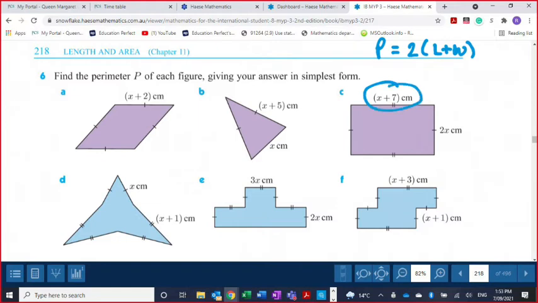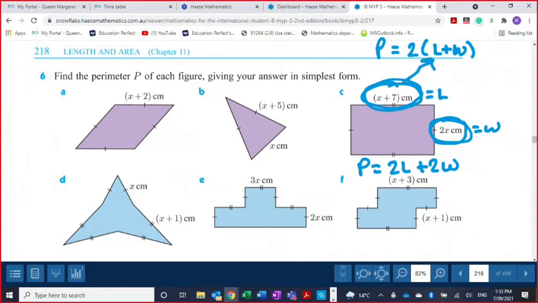And if we call this one the length and this one the width, that means we're just going to plug those in. Now this one would be easier because we have different algebraic terms here. It would probably be easier to use perimeter equals 2 times L plus 2 times W for this one. So be flexible. The reason for that is if you plug that into there and that into there, it would be fine. You just have to combine your like terms, but some of you might find it a little easier.